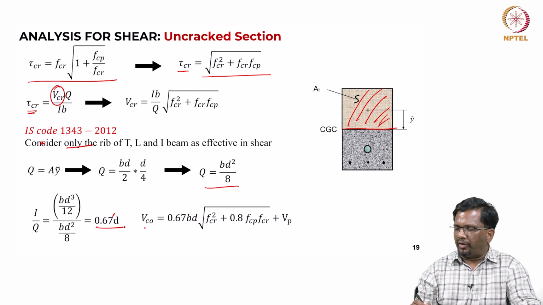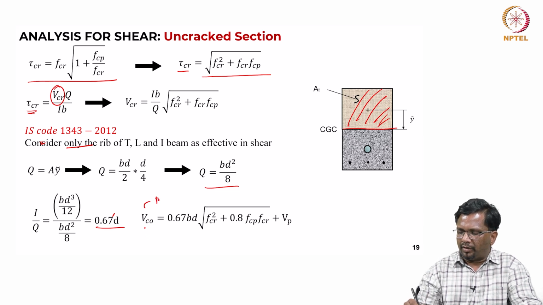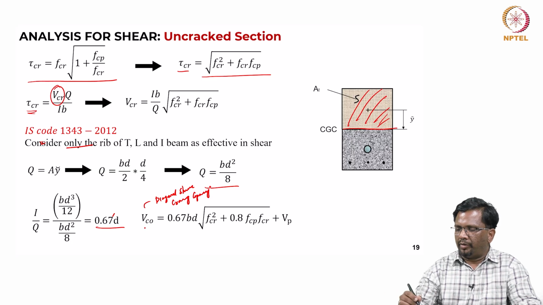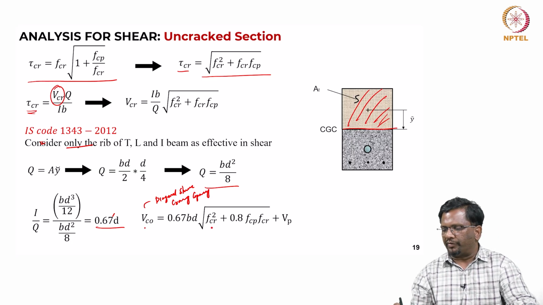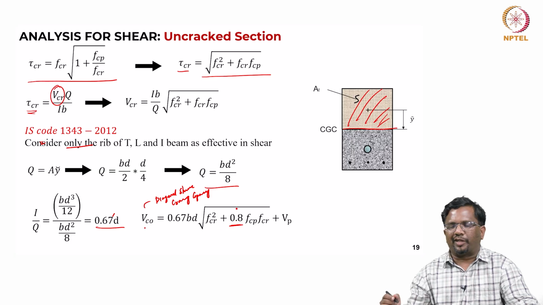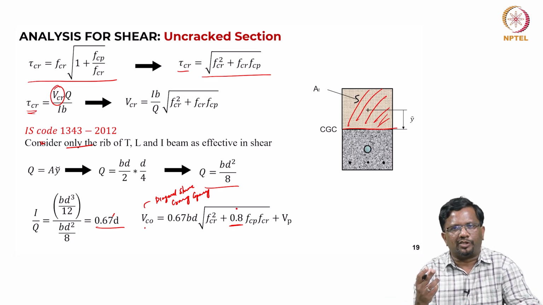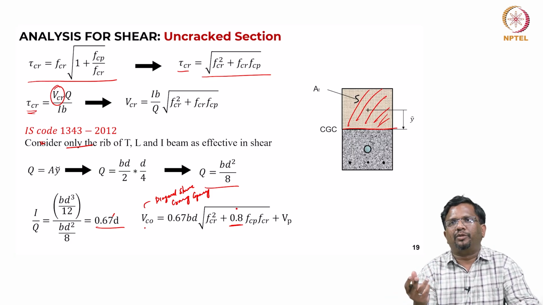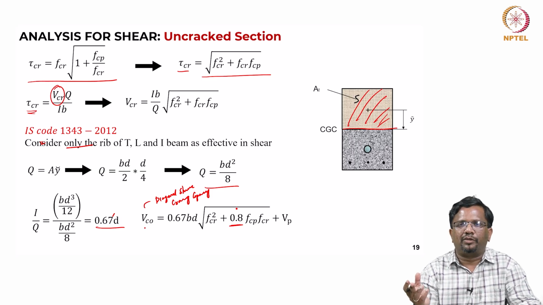So, VC naught works out to be, this is your diagonal shear cracking capacity, 0.67 BD into square root of FCR square plus 0.8 FCP FCR. Now, 0.8 is nothing but some reduction factor, the code wants to estimate in a conservative way. So, they do not take the FCP, they do not want to take the full 100%. So, they want to reduce the beneficial effect of pre-stressing.